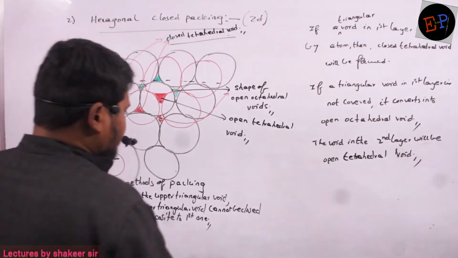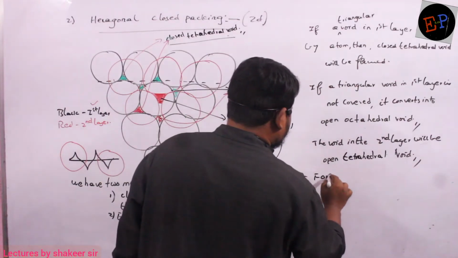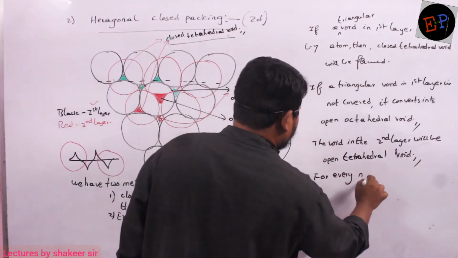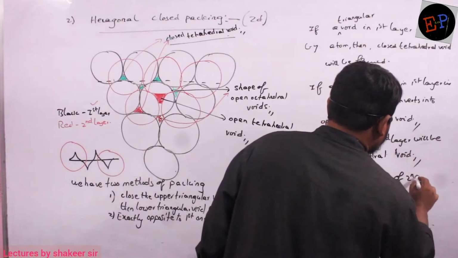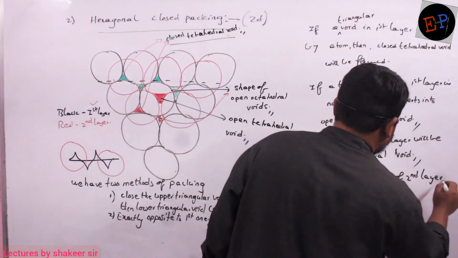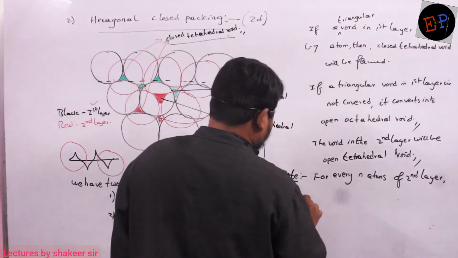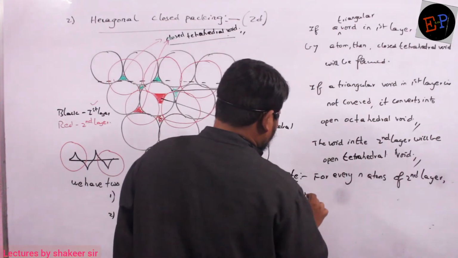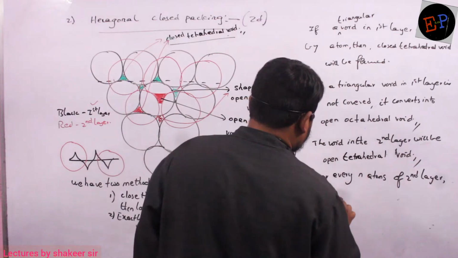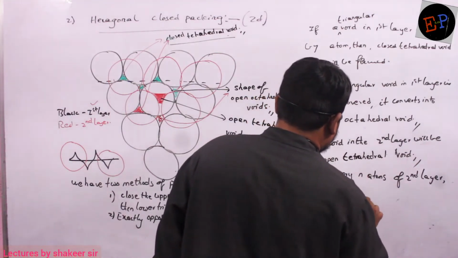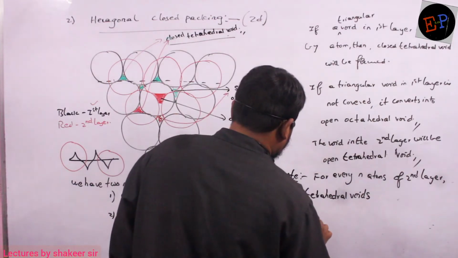So one more point which I can write, make a note. For every n atoms of the second layer, 2n tetrahedral voids and n octahedral voids will be formed.